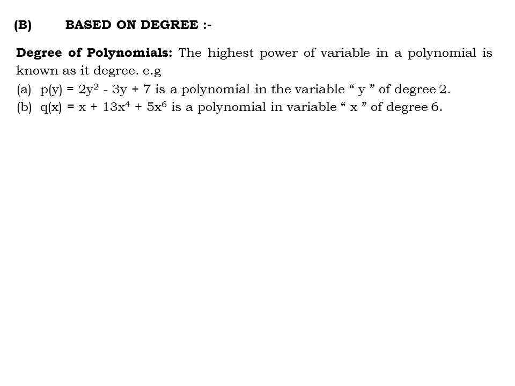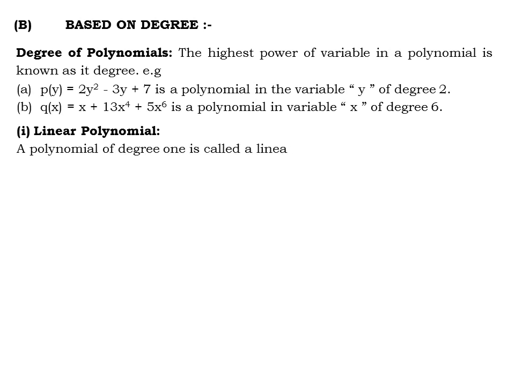Now different types of polynomials with different degrees. The first one is the linear polynomial. A polynomial of degree 1 is called a linear polynomial. Examples are 4x plus 5, 2y, 3 minus u.